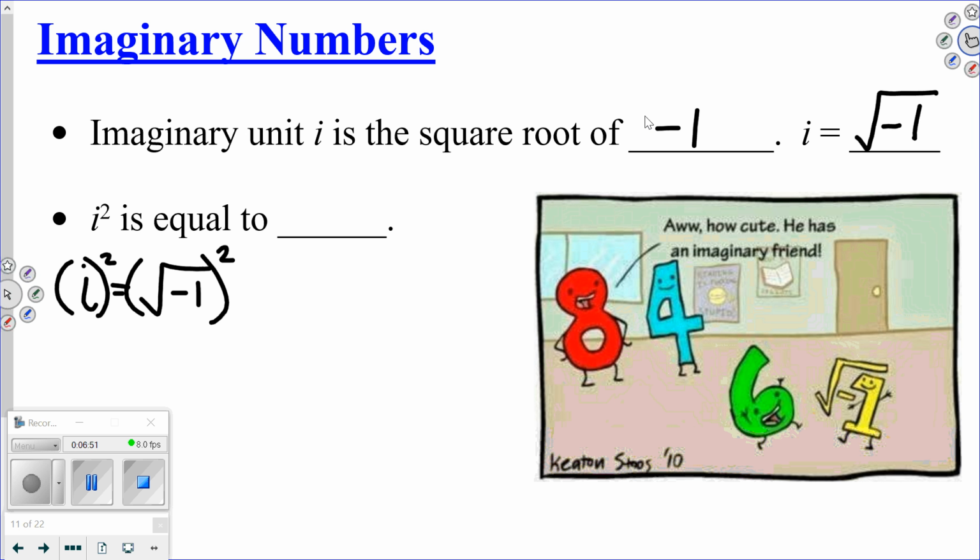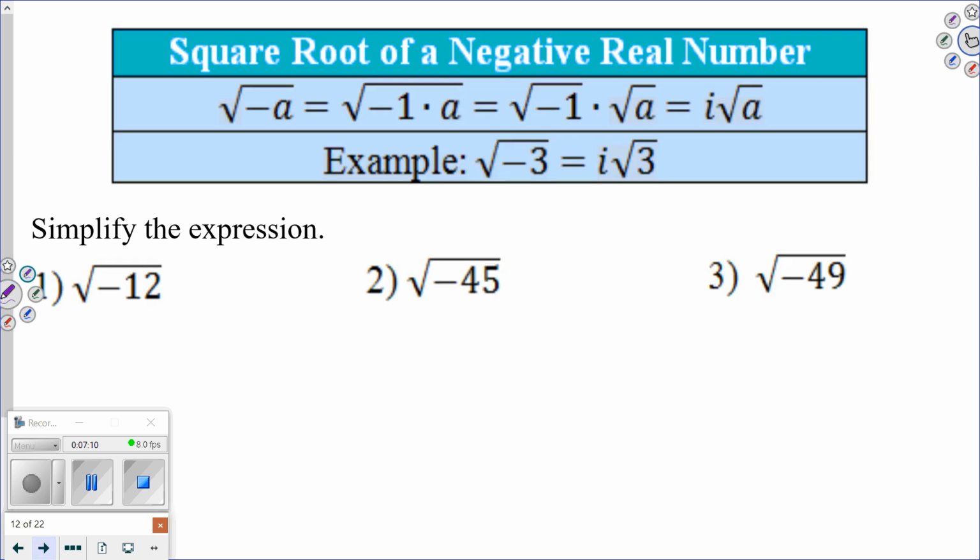What does a square and a square root do to each other? They cancel each other out. So i squared is equal to -1. That'll show up in a couple days, Monday or Tuesday next week, but we'll need to make sure we know that.